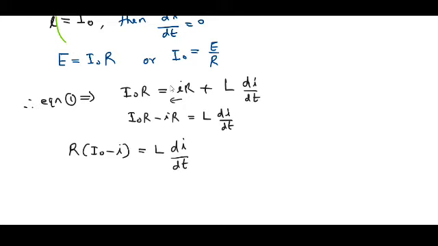I can rearrange the terms here. I bring the L to the left side: R by L dt is equal to di by (I0 minus I) on the right side.